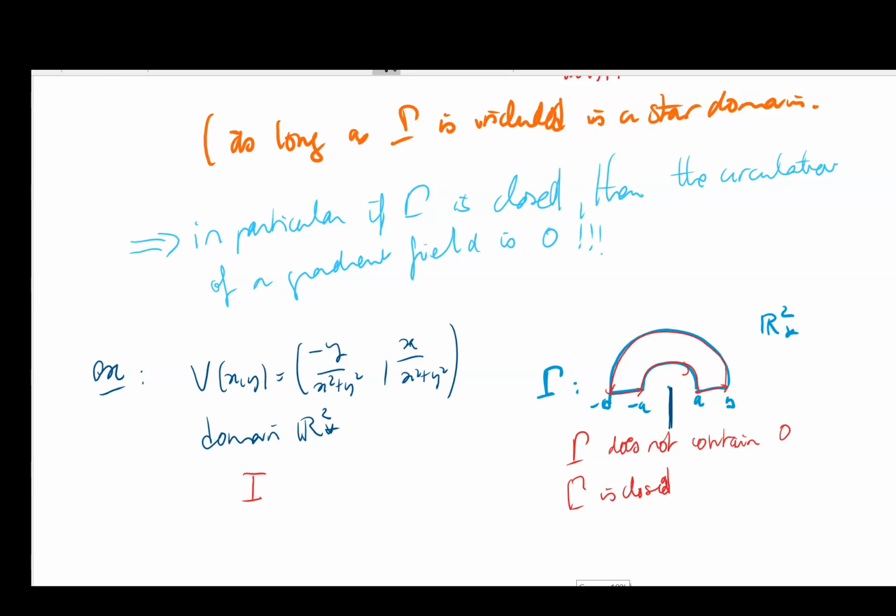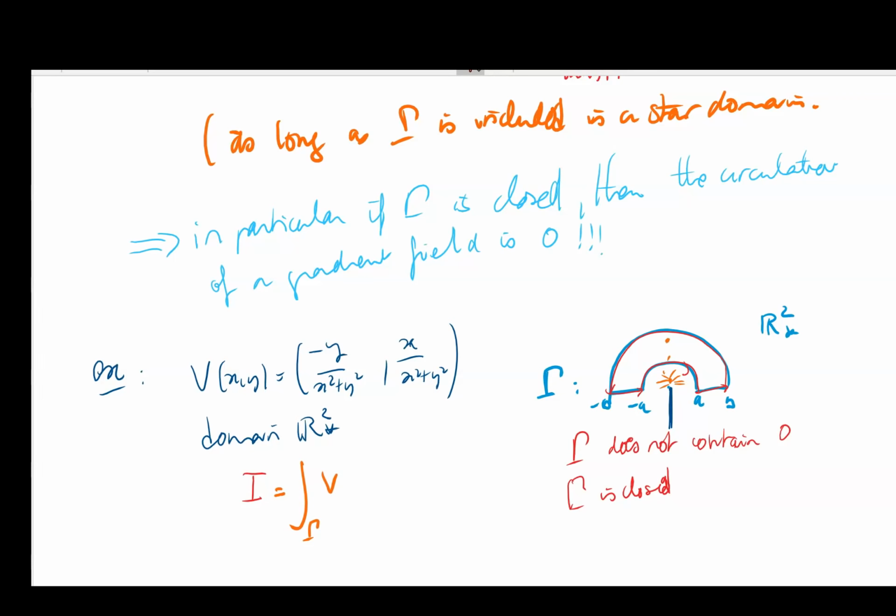What is important is the domain that contains gamma: I could take any point, and I'm going to reach any other point in that domain from this one. Anyway, I want to compute the integral on gamma of v.